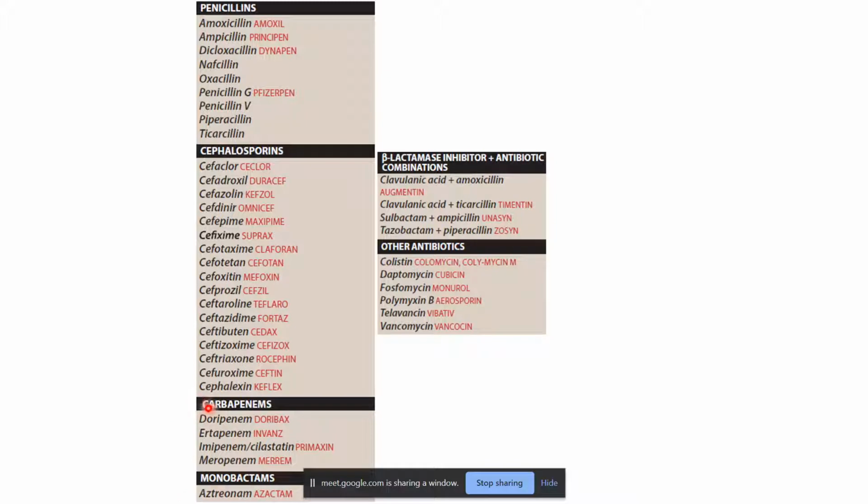Carbapenems are usually reserved for serious hospital infections, as well as aztreonam. Then there are also combinations with clavulanic acid, that is, combinations with beta-lactamase inhibitors, and other new antibiotics usually reserved for serious infections, including vancomycin and its derivatives. So this is the classification. Please learn this by heart.